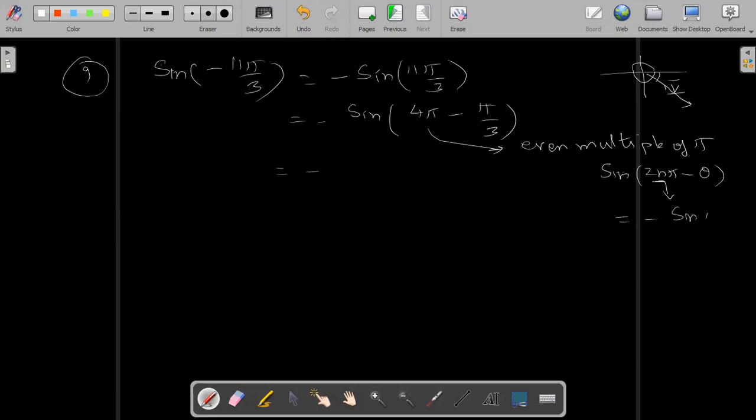One minus is already there, so minus minus sine pi by 3 becomes plus sine pi by 3. Sine pi by 3 means sine 60 degrees, and sine 60 degrees is root 3 by 2.